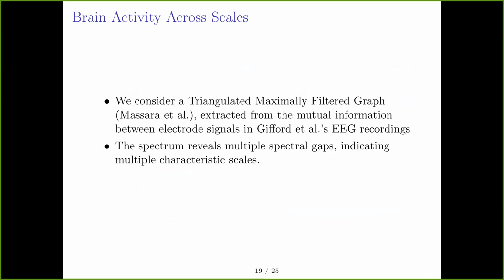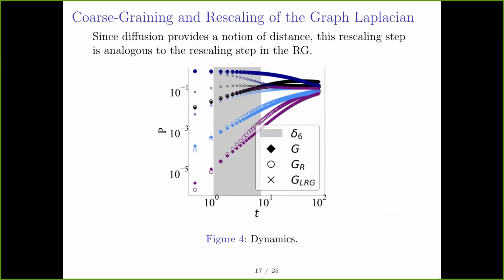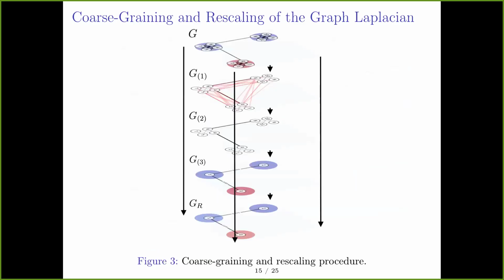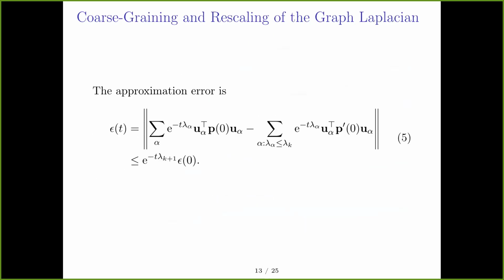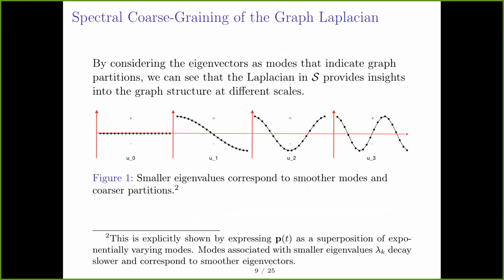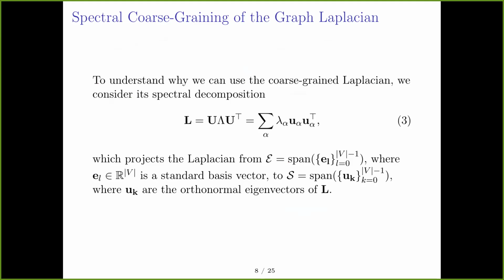To preserve them, you have to adjust the interactions. What usually these coarse-grained or renormalization schemes do is summarize, getting the coarse-grained nodes and keeping the edge weights between them as in the original graph. But you cannot preserve the dynamics because you have to adjust also the interactions between the new supernodes.